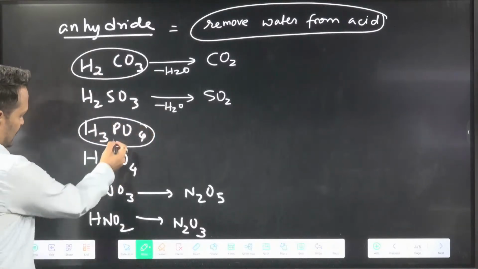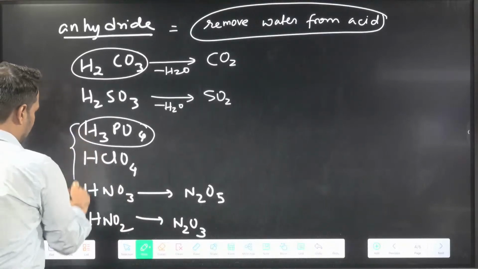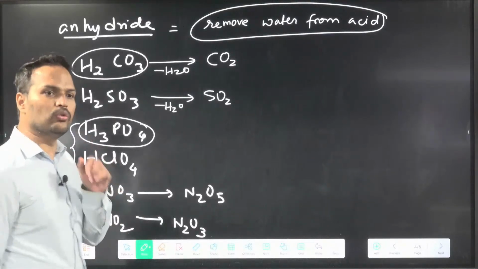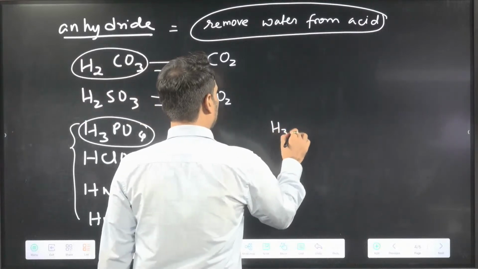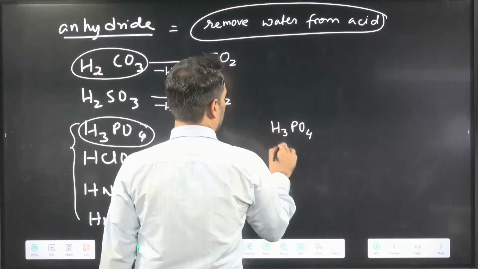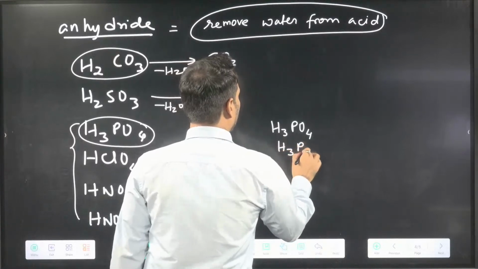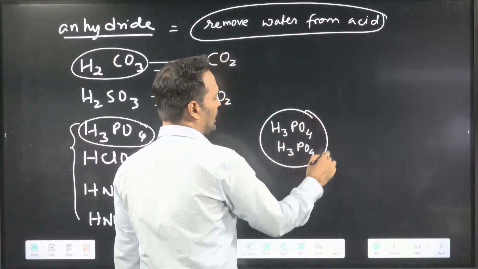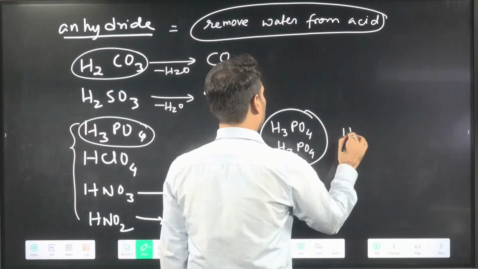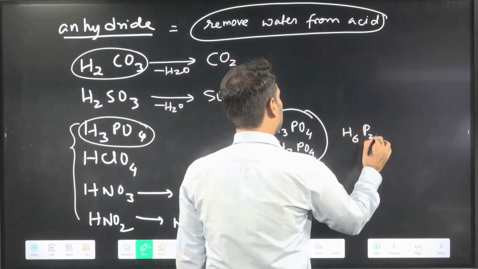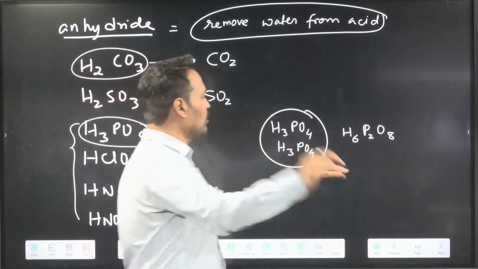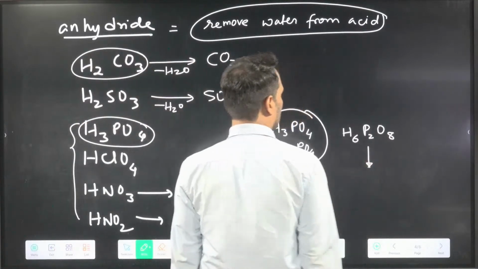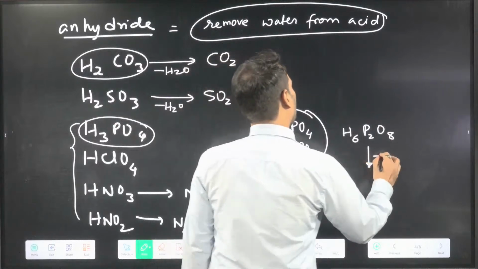So how to tell this? In a few cases like these, what you have to do is take two molecules. See, I am telling you the method how to tell. Take two molecules. When you take two molecules, what is the formula? H6P2O8. Are you getting this? Remove all water molecules.